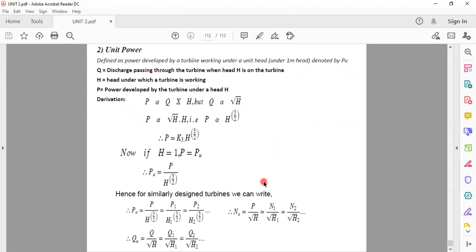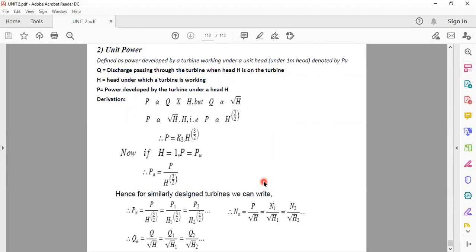Now unit power is defined as the power developed by a turbine working under a unit head, under a 1 meter head, denoted by Pu. Q is the discharge passing through the turbine when the head H is on the turbine, H is the head, and P is the power developed by the turbine.